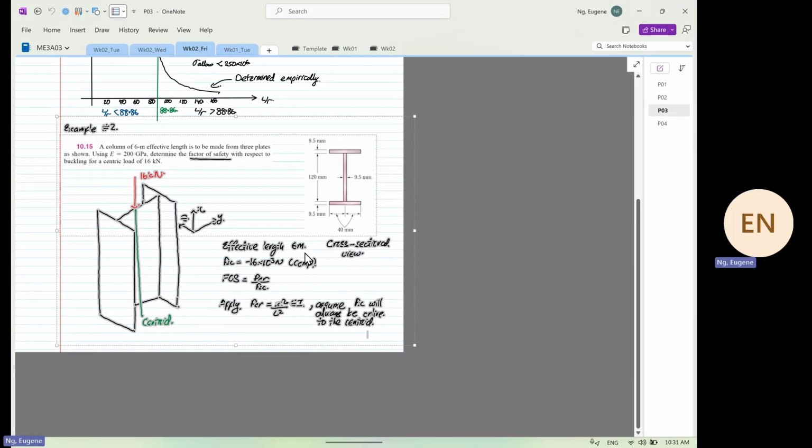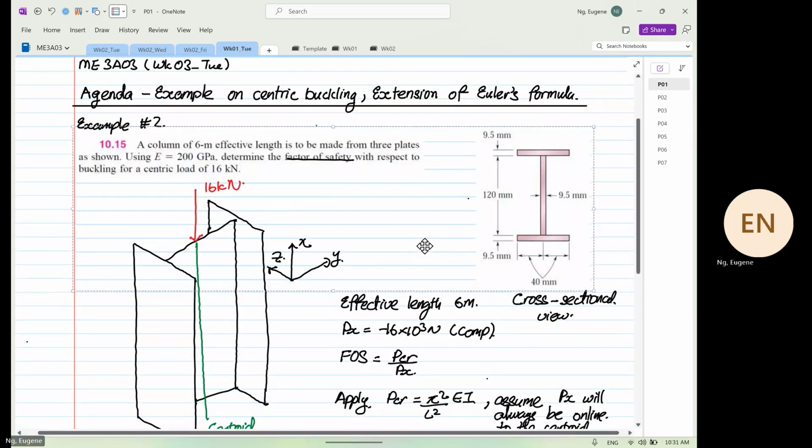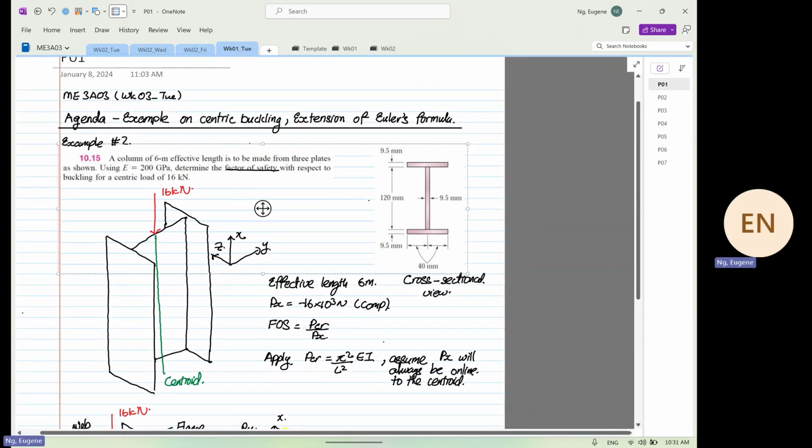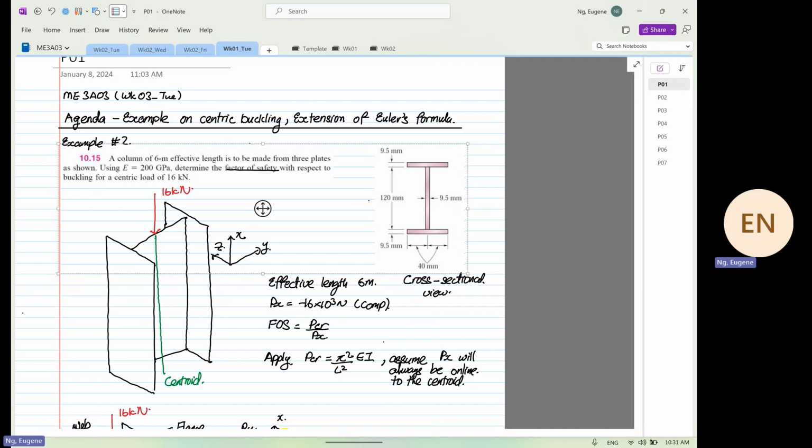So we are going to complete this example. Just to quickly recap, the column of 6 meters effective length is to be made from 3 plates as shown. Using Young's modulus of 200 gigapascal, determine the factor of safety with respect to buckling for a centric load of 16 kilonewton.